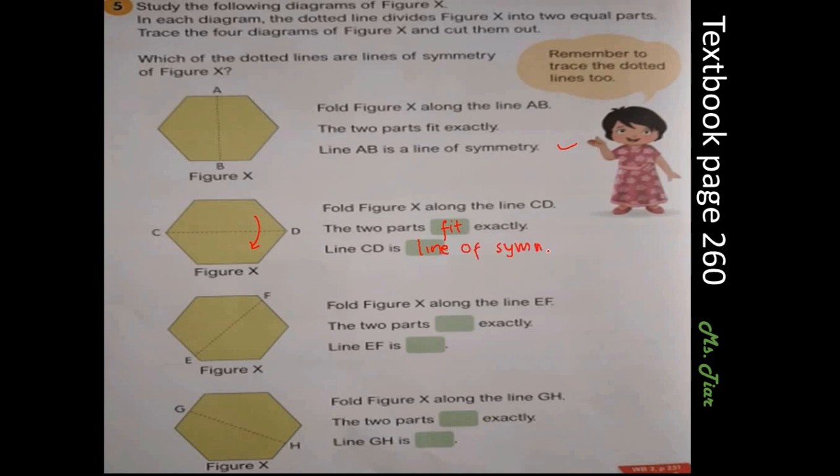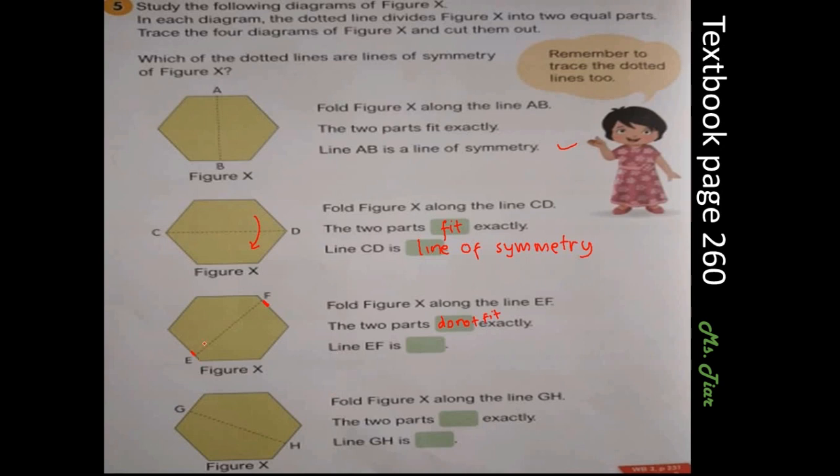Okay, next. How about line EF? Let's check this one. Line EF, if we fold it, what happened? This side is about this long, right? Even though you fold it, it's not going to fit exactly. So the 2 parts do not fit exactly.